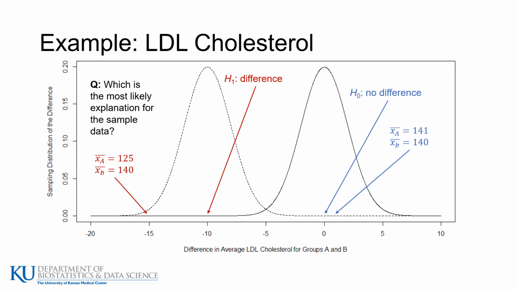Whereas if we observe a difference of -15 between the average LDL cholesterol between group A and group B, we would expect that this is probably from the alternative hypothesis, or we would expect this to be drawn from a population where the alternative hypothesis is true.